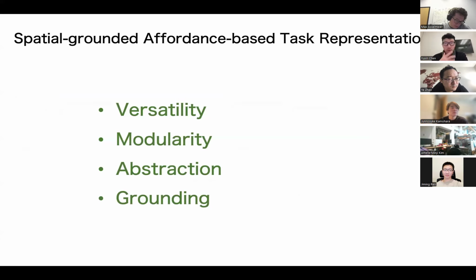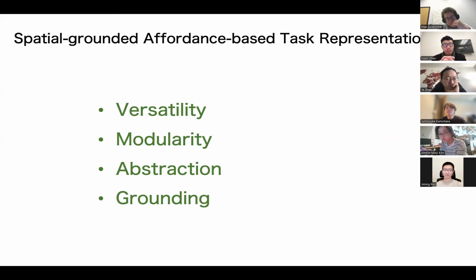So in this work, we try to find whether a spatially grounded, affordance-based task representation can serve as an intermediate level, so that it can achieve versatility, which means we can use these representations to represent many different styles of tasks.